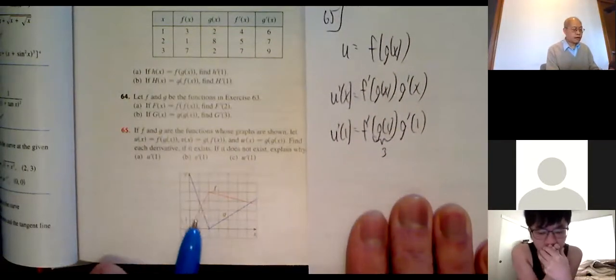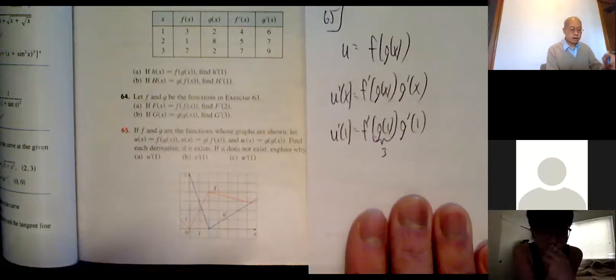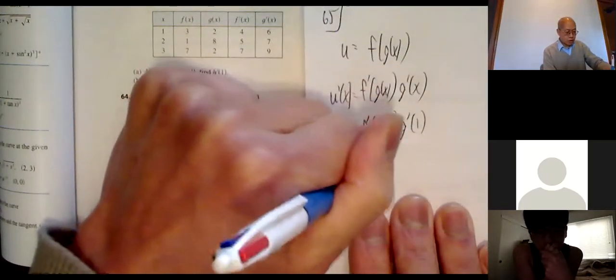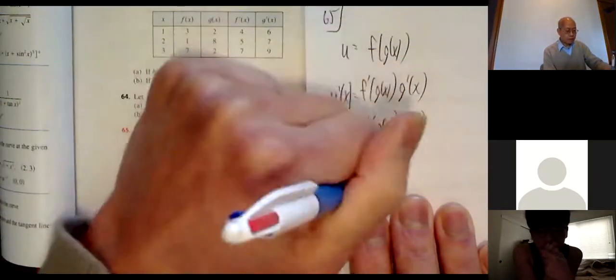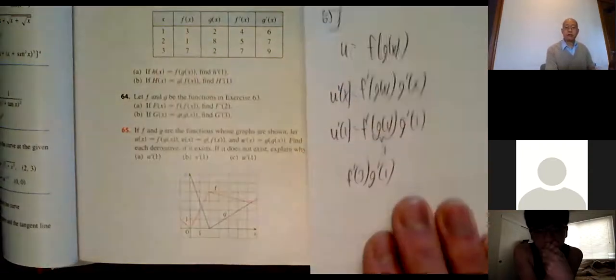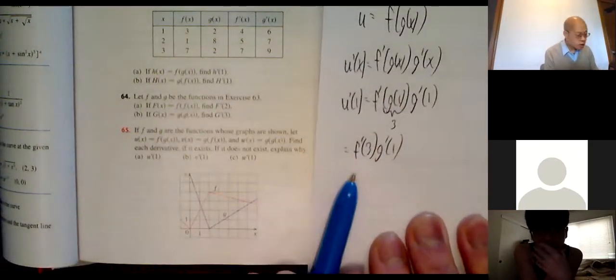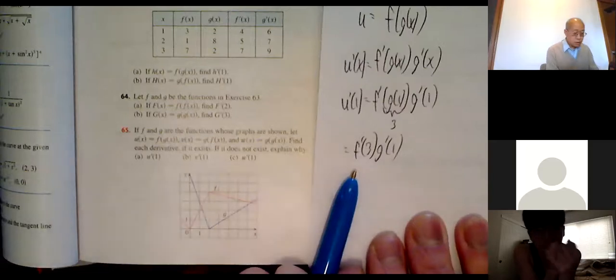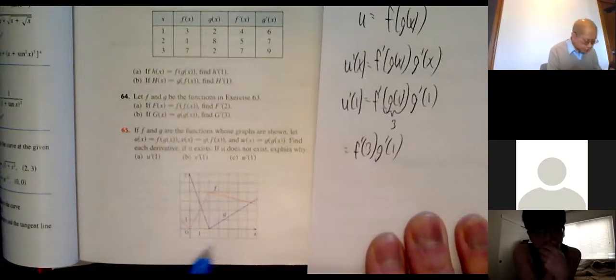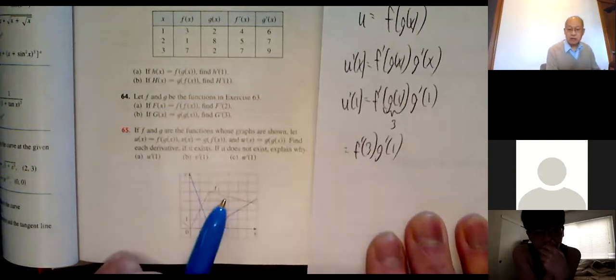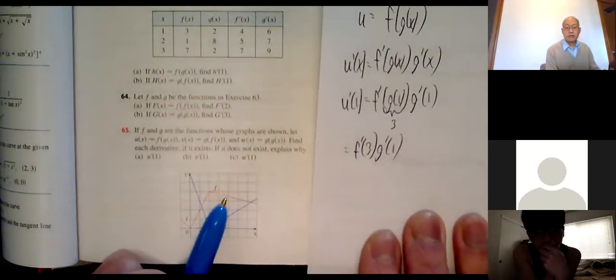So I want f prime of 3, g prime of 1. The primes mean slopes. So I want the slopes of these. So f prime of 3, 1, 2, 3, I'm over here.